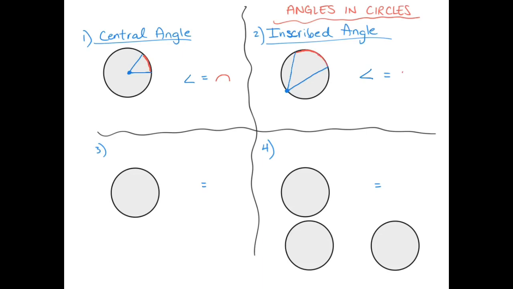It's equal to the arc divided by 2. So if I had an 80-degree arc, then that angle would be half, 40 degrees. So those are the two old ones that we learned, and today we're going to learn about two new ones.